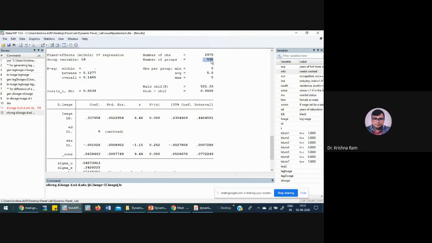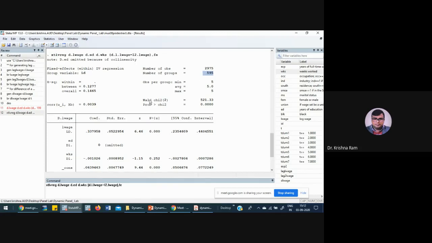So the groups are 595 here, and 5 is the time period. We are getting 5 because 2 time periods are omitted from our data set while estimating this regression equation, because you have used two lagged values of the dependent variable. So the time period starts here from t equal to 3.